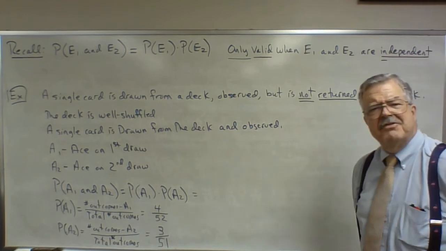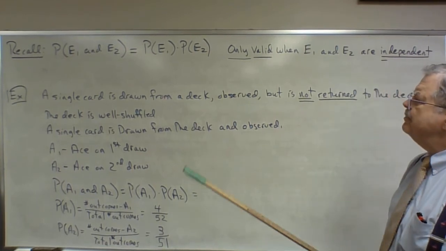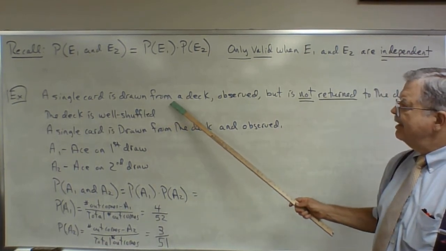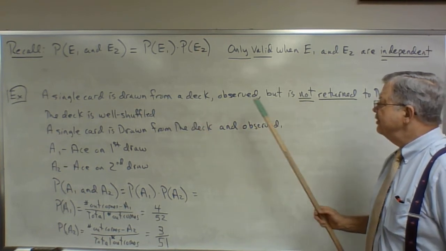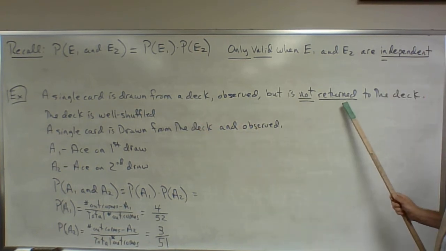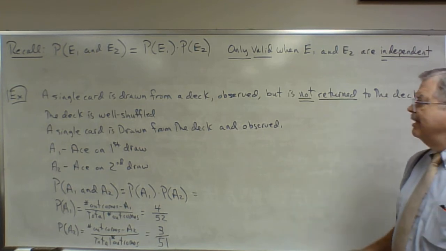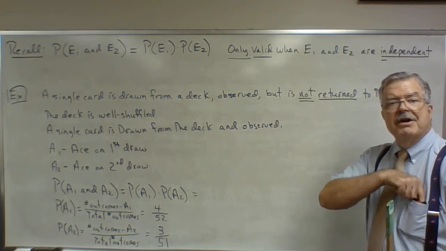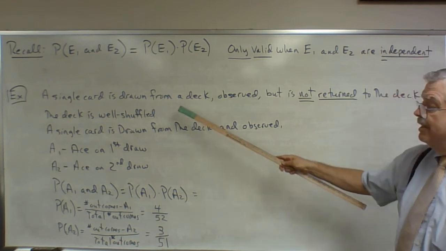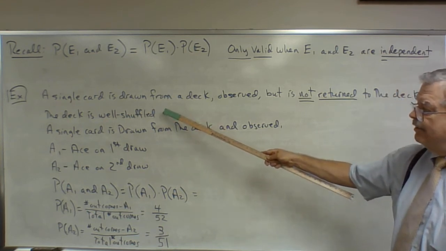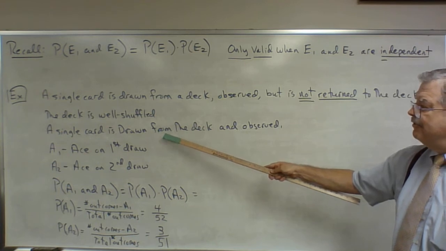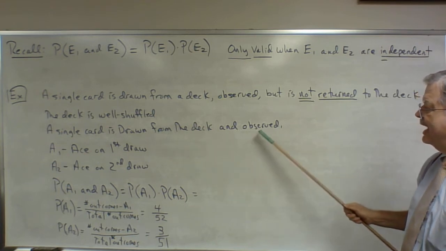In the very last example from yesterday, we said a single card is drawn from a deck, observed, but is not returned to the deck. Instead, we put it in our shirt pocket. The deck is well shuffled, and then a second card is drawn from the deck and observed.